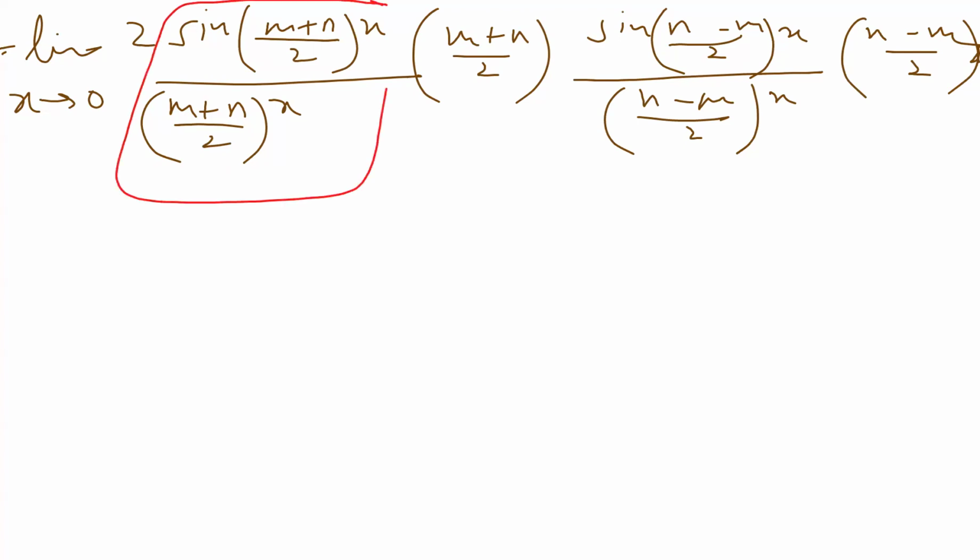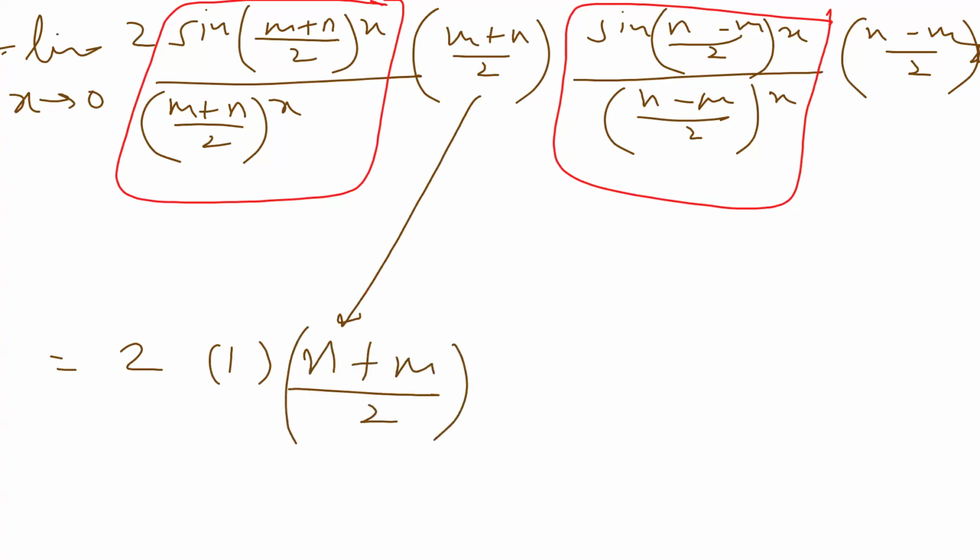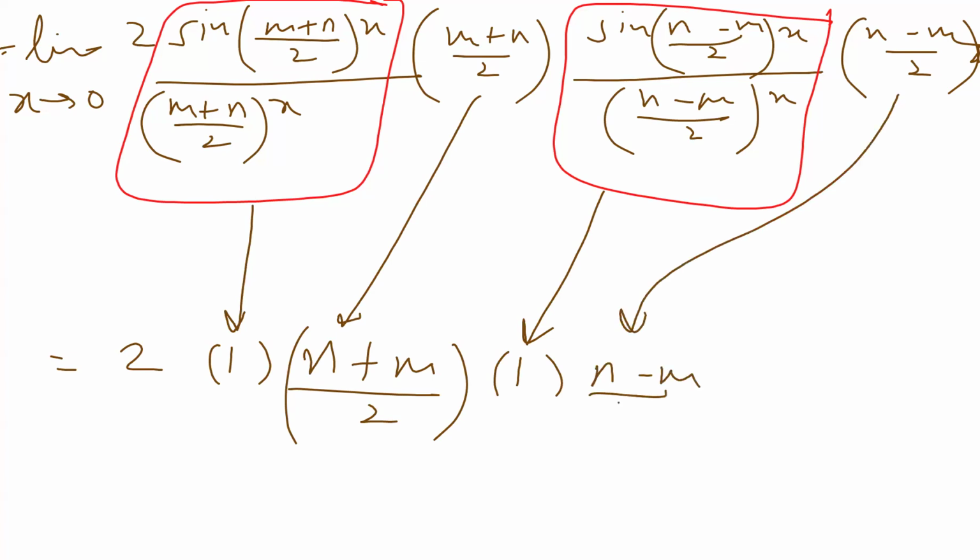Now this part and this part is 1. So 2 into 1 into this, I am writing it as n plus m upon 2. I just reversed it. Again, this is 1. And this part, no need to reverse, n minus m by 2.